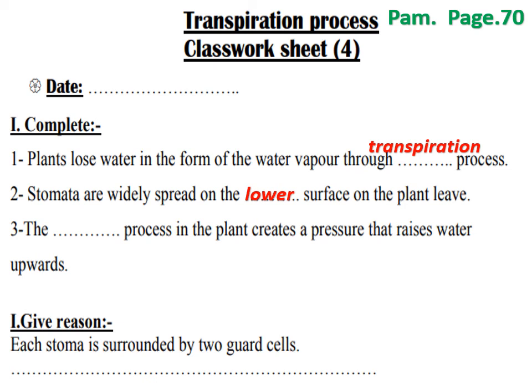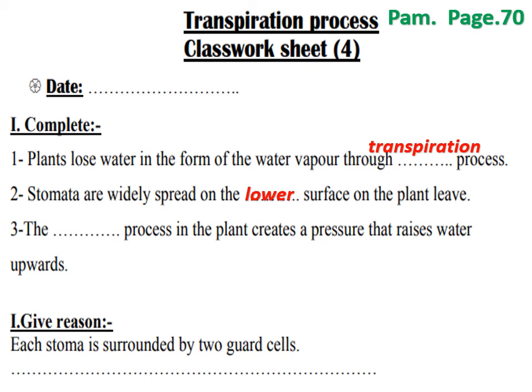Which process in the plant creates a pressure? Pressure means pushing force that helps in pushing water upward. We have studied 3 phenomena. The first phenomenon, osmosis, the second one, selective permeability, and the third, transpiration.